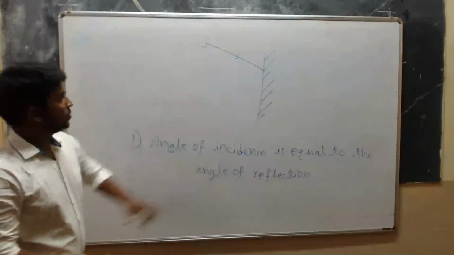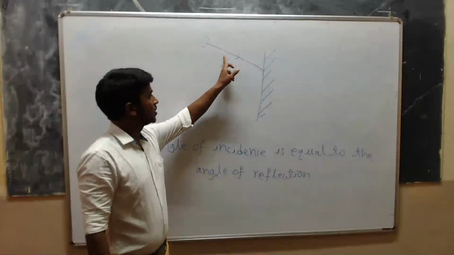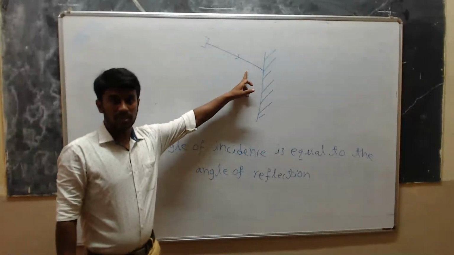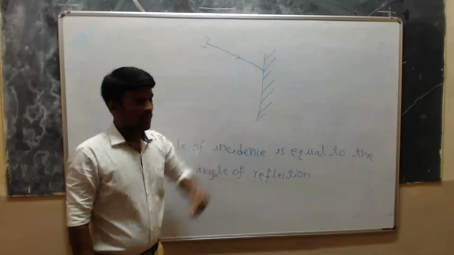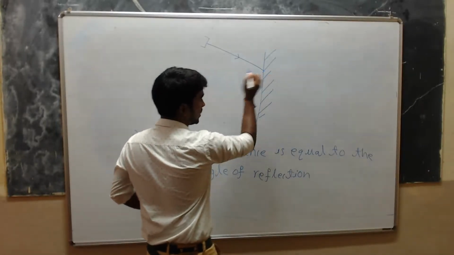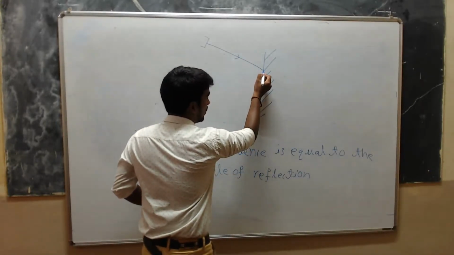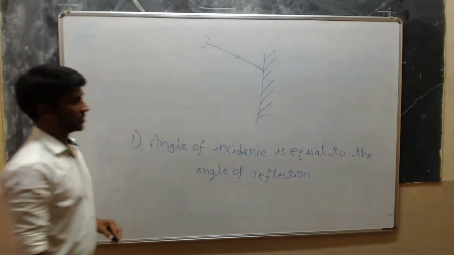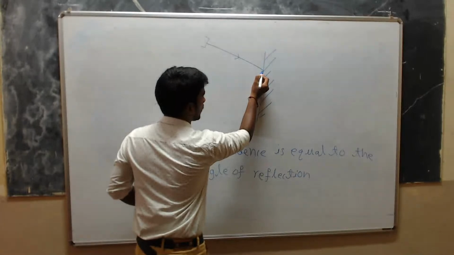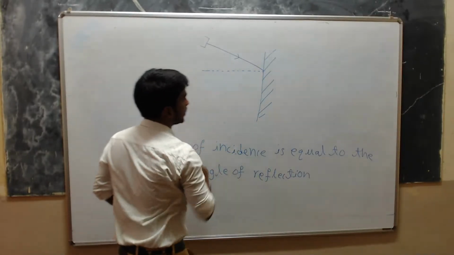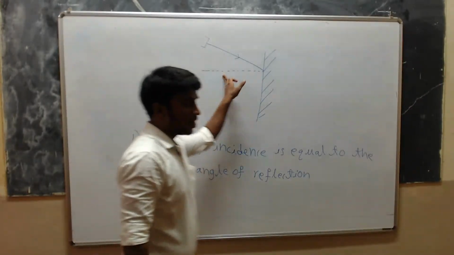We can call this ray the incident ray. It strikes here, right? At this point, I will draw one line that is perpendicular to the reflecting surface, like this, and we call this the normal.